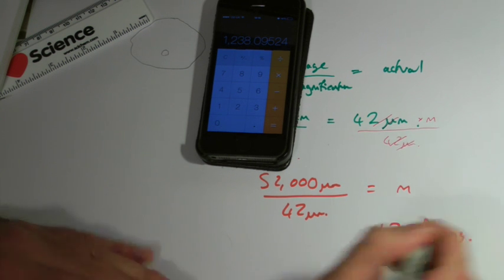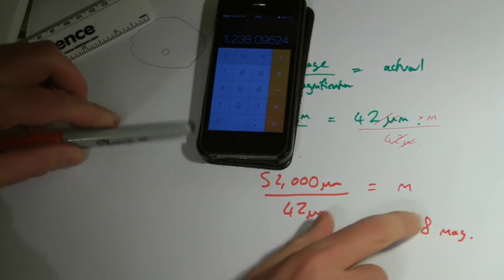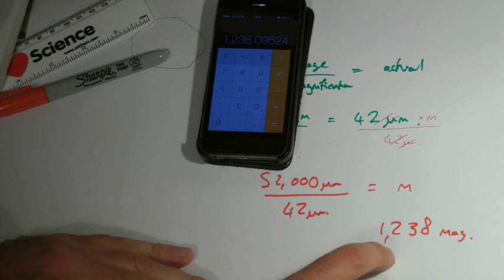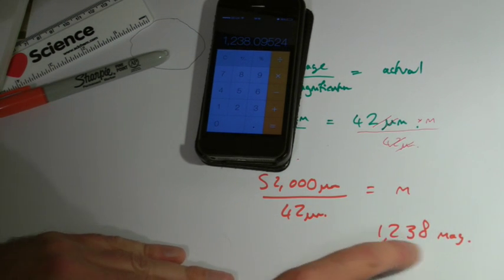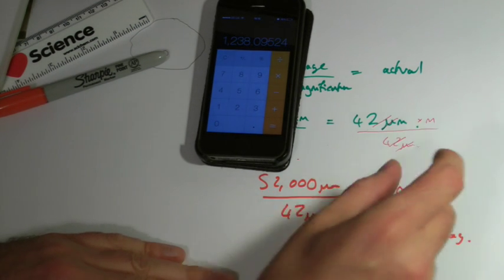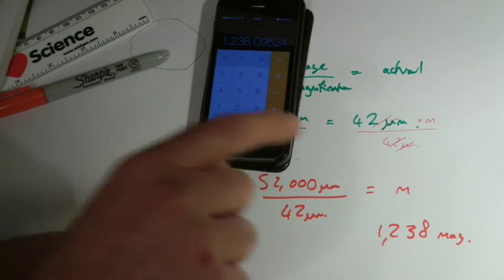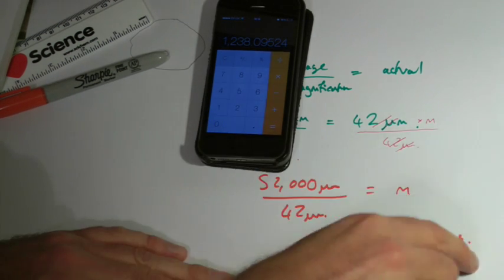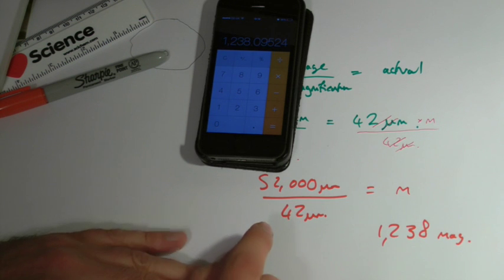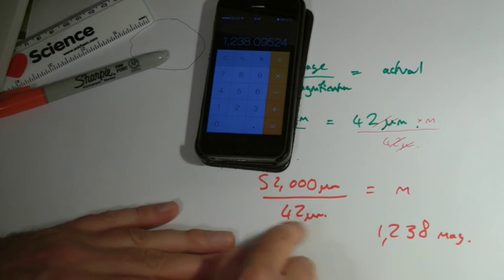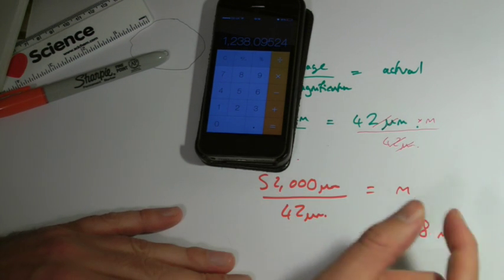Now, the odd thing with working out magnifications is that nobody has a microscope with lenses that come out at 1238. You don't have a lens that size. So why have I got this strange number? Well, the problem is in my measurements. Either this measurement is slightly out, or my measurement is slightly out.